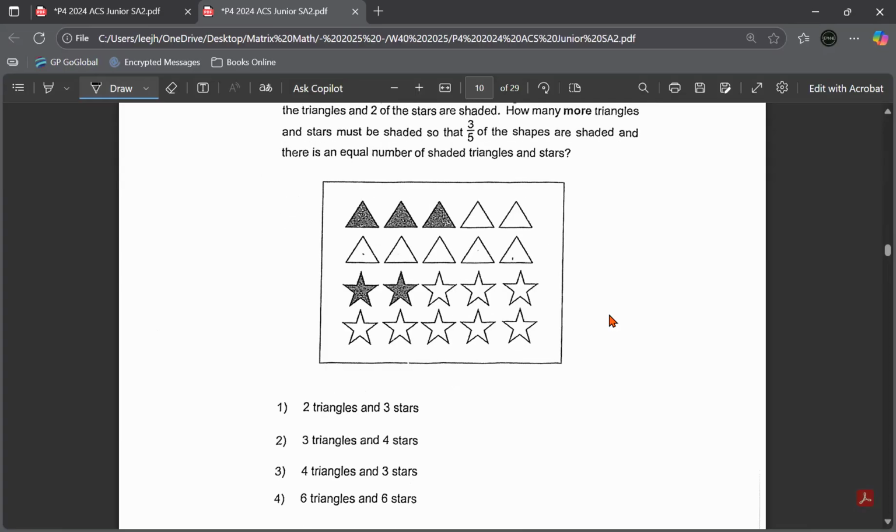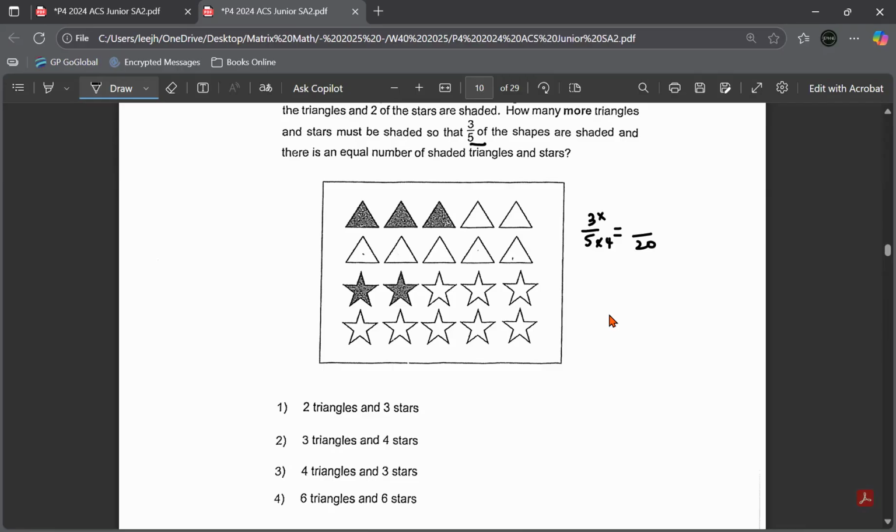So if you look at this, you know that I need 3/5 shaded. So if you look at all this, it's 1, 2, 3, 4, 5, 6. There are 20 shapes in total. So 3/5, if I want to make sure 3/5 of the shapes are shaded, that means I need to make the denominator 20 because there are 20 shapes altogether.